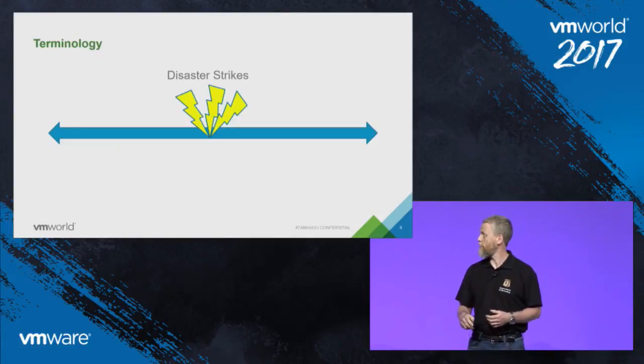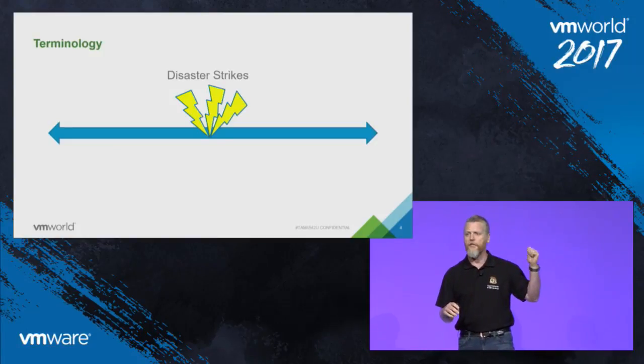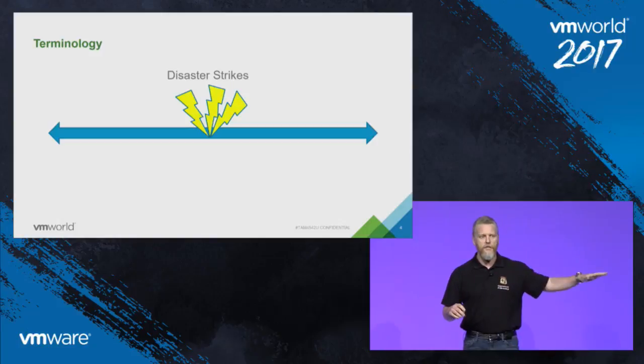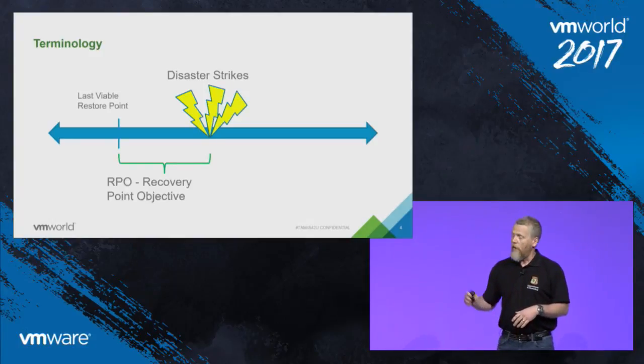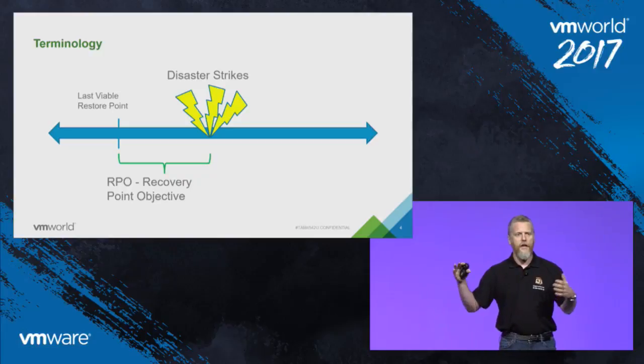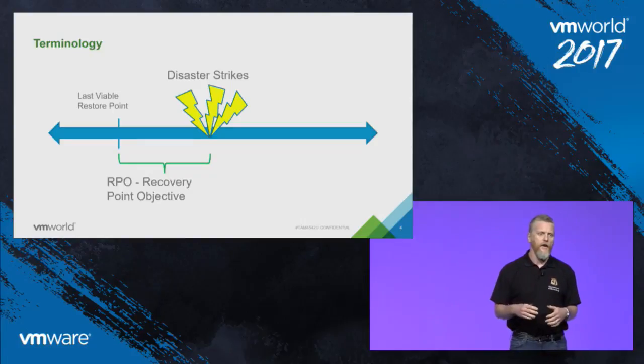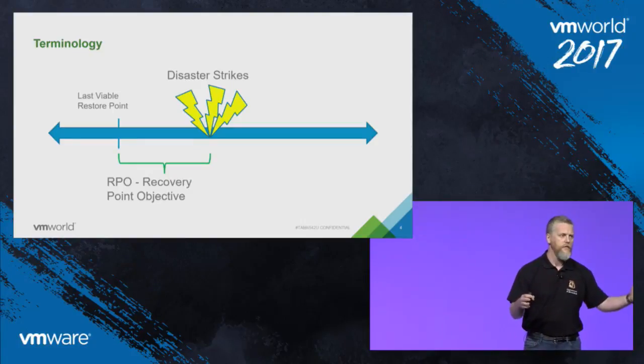Let's get started. First off, just to level set and make sure everybody's on the same page, let's talk about RTO and RPO. RPO, recovery point objective, you could think of as how much data you're going to lose in the event of a disaster. From the point that a disaster hits, this is how much data you just lost.